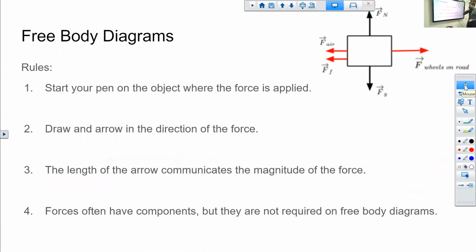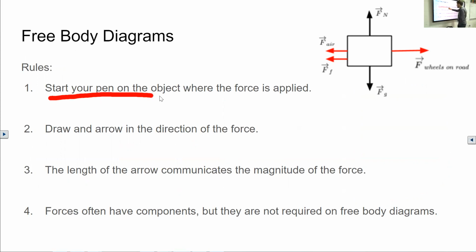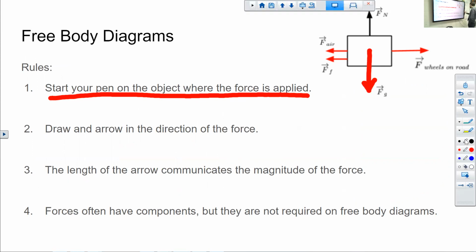So let's chat. Free body diagrams, it's kind of a big deal. So I'm just going to go through the rules of drawing a proper free body diagram again. So you want to start your pen or your pencil on the object where the force is applied. So basically, if it's FG, you want to start in the middle and draw an arrow in the direction of the force.